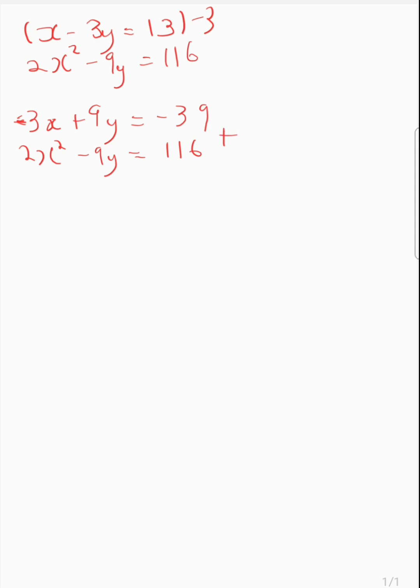When we add our equations, it's minus 3x plus 2x squared, right?